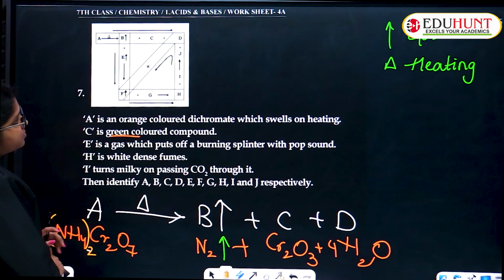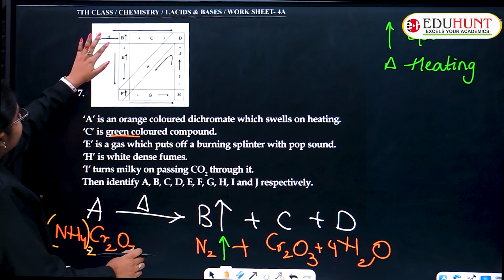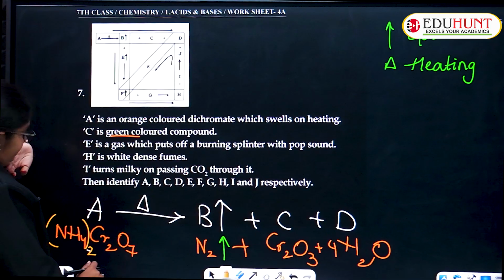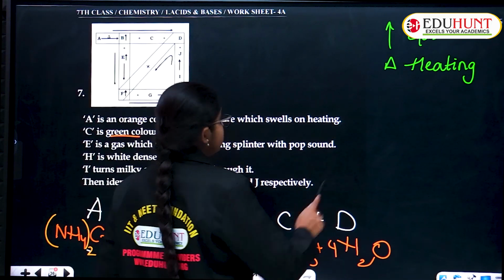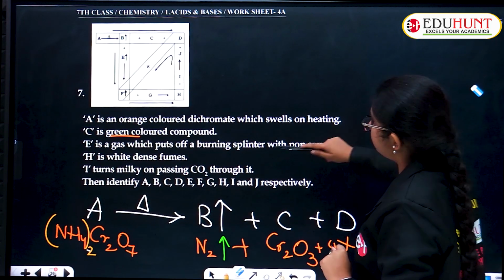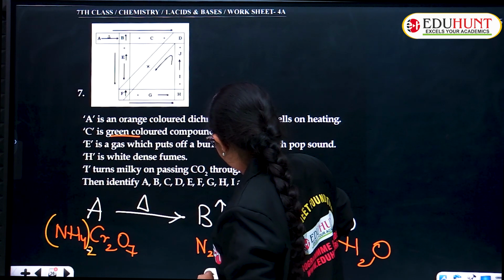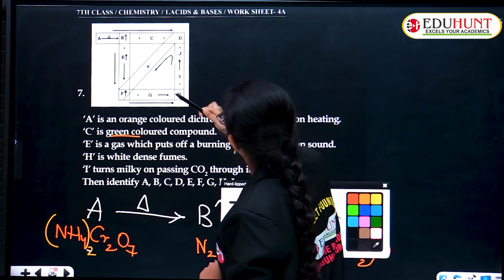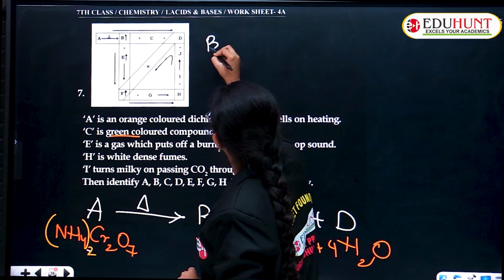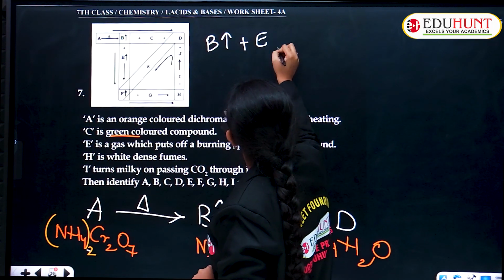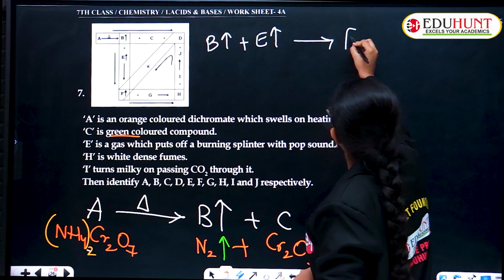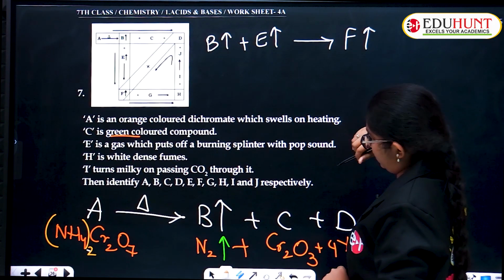After that, if you observe, B plus C gives rise to F. I'll write it here. In this reaction, B gaseous plus E gaseous gives rise to F, which is also gaseous. What is B over here?